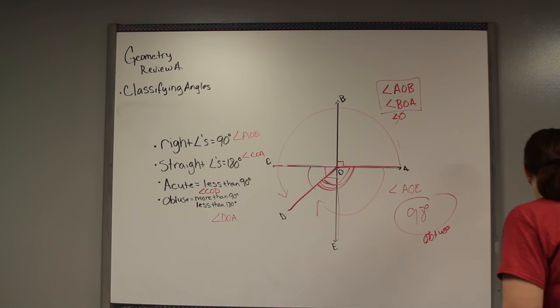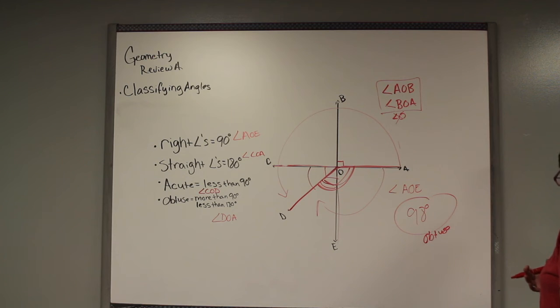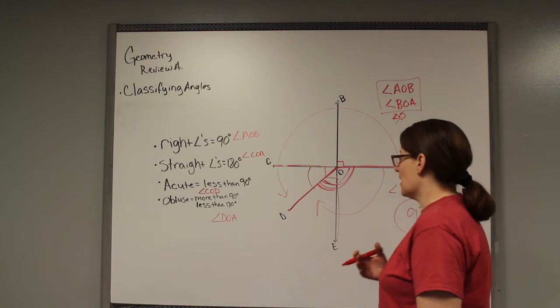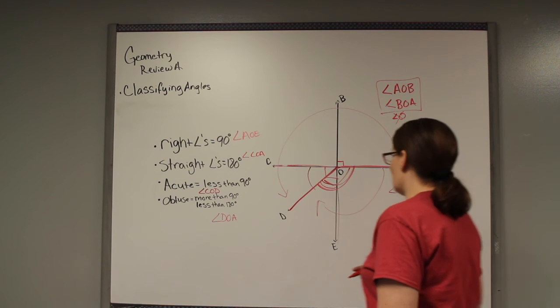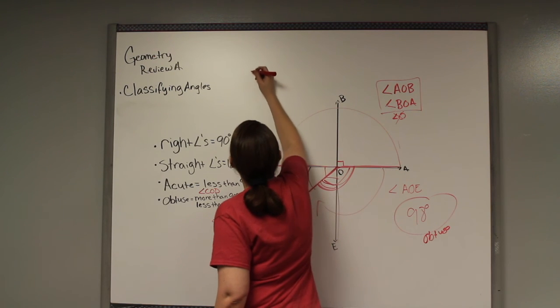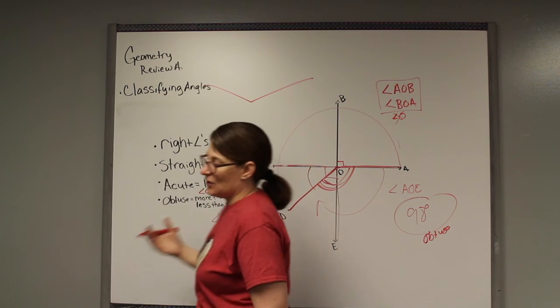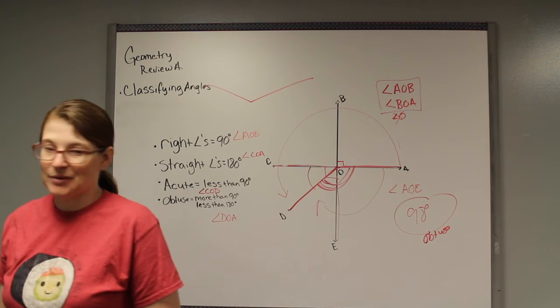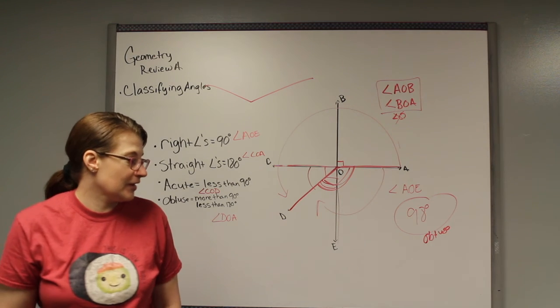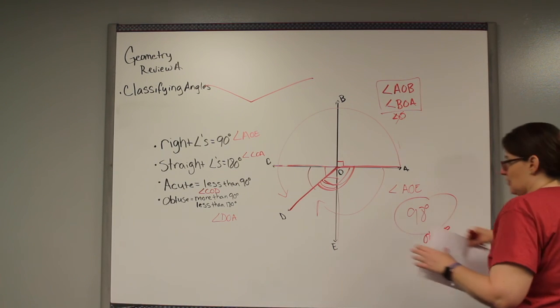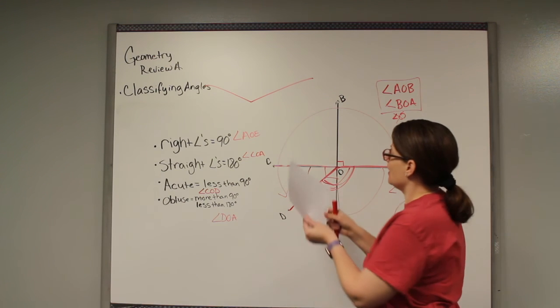And then the last 4 questions are going to give you an angle, and it says to use the edge of a piece of paper to tell what they are. So say you had an angle that looked like that, and they want you to label it, and you're like, how am I supposed to use a piece of paper? The edge of your piece of paper is going to be a right angle.